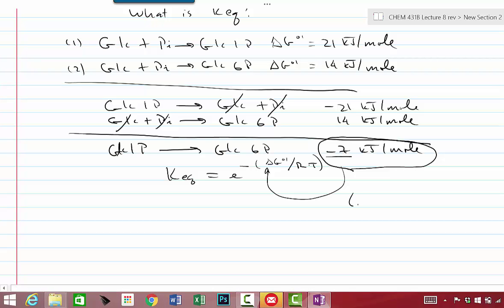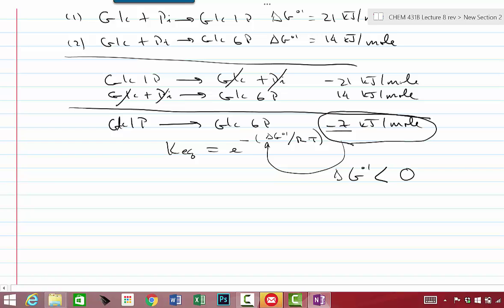So I know my delta G under standard conditions here is going to be greater than 0. I'm sorry, that was a mistake. Hold on. My delta G is going to be less than 0. Okay, so delta G is going to be less than 0.